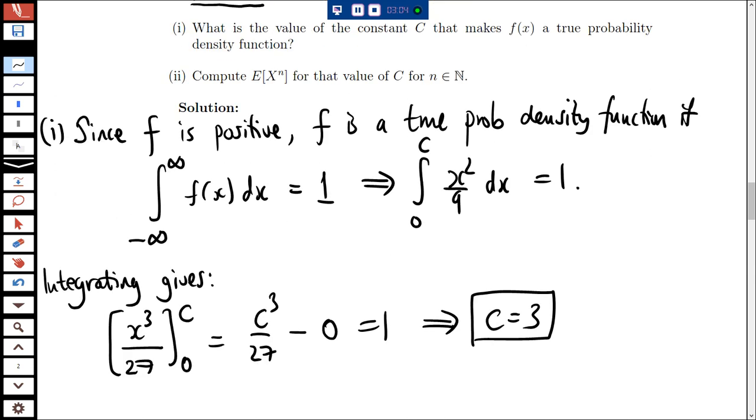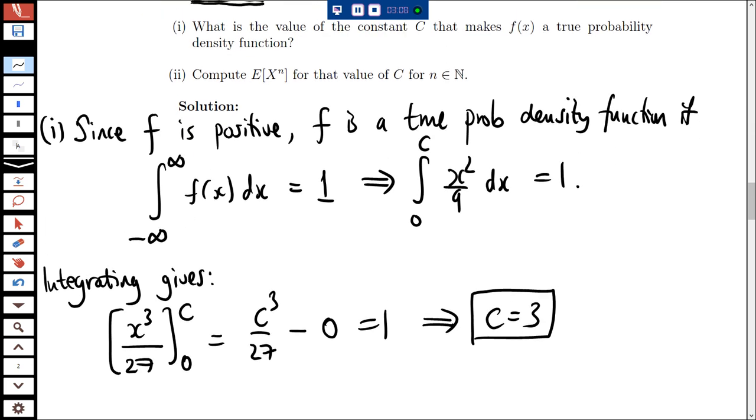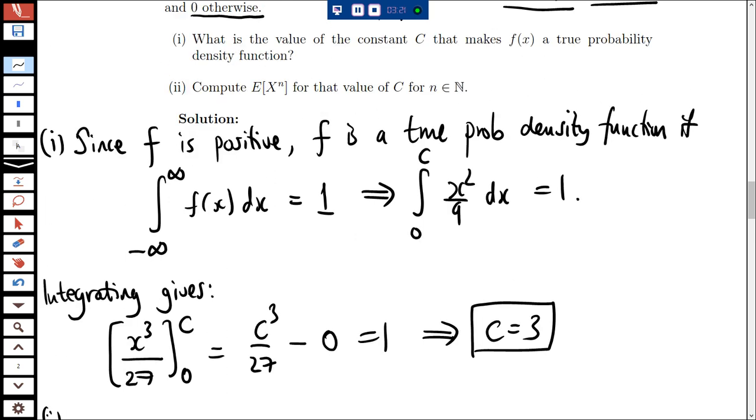Okay, and that's part I. So that wasn't too bad. Standard method really, just integrate the PDF and make sure that the total area is 1 and make sure f is positive as well.